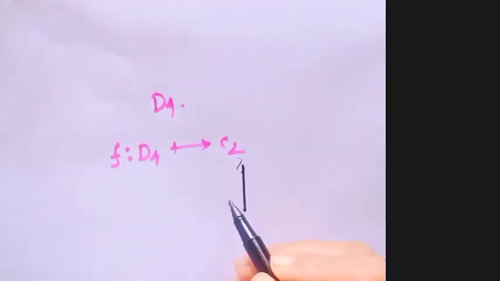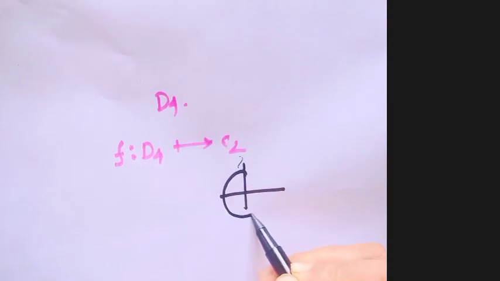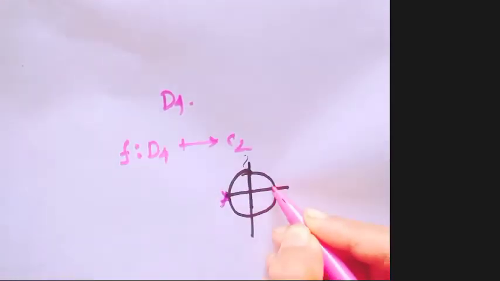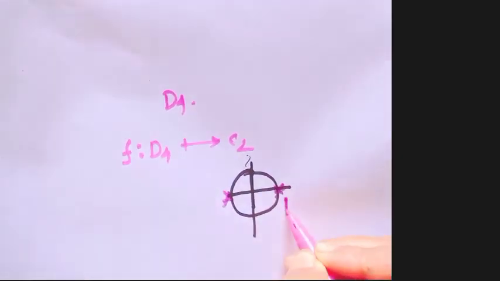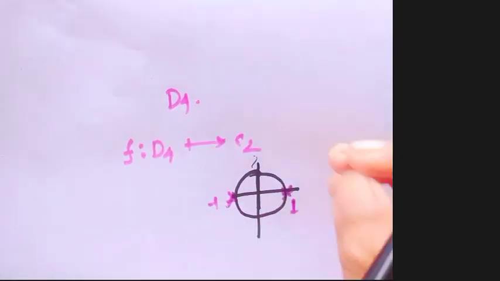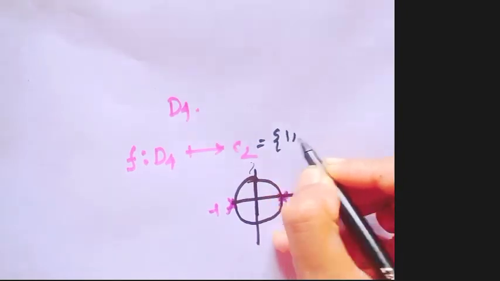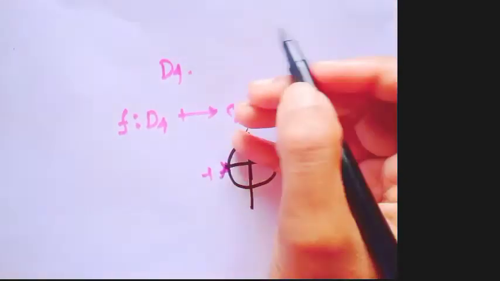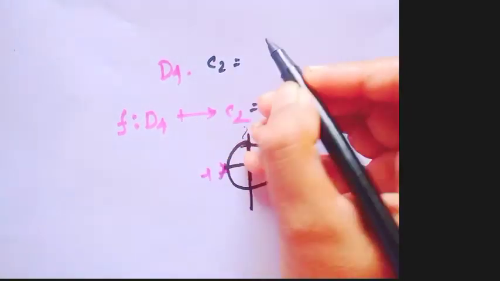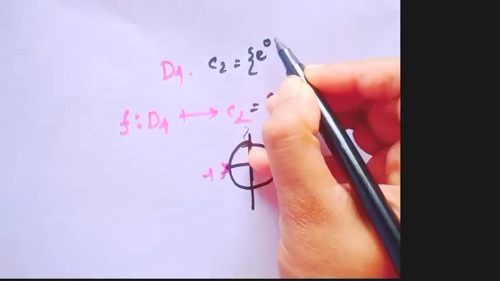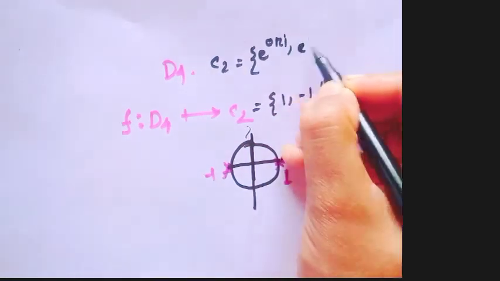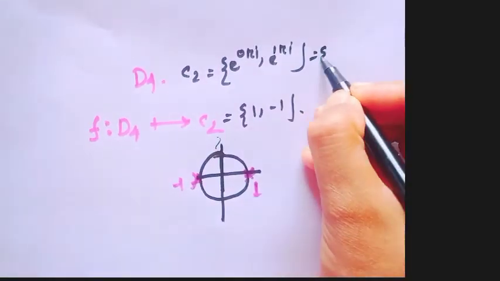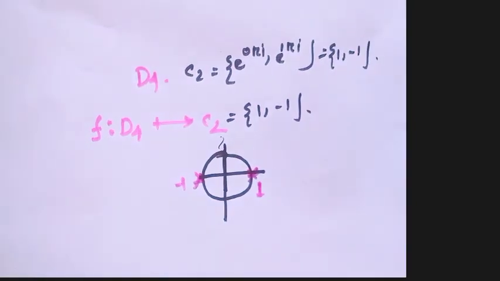That means in the complex plane, this is the unit circle and this is C2. Here 1, here minus 1. That means C2 contains 1 and minus 1. C2 equals e to the power 0 pi i, e to the power 1 pi i, which is equal to 1, minus 1.